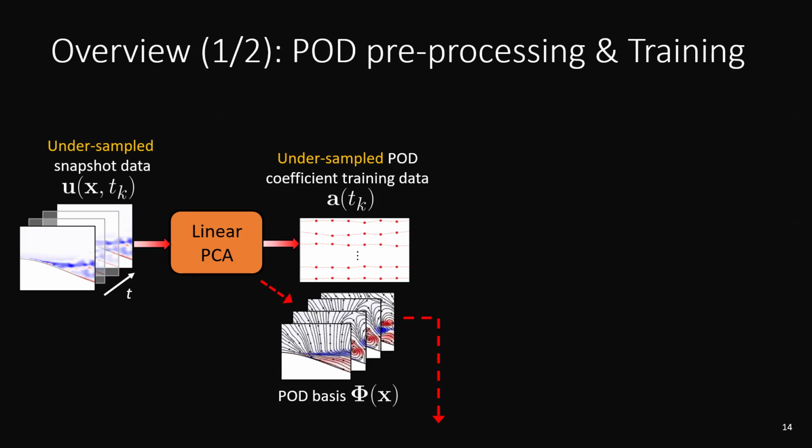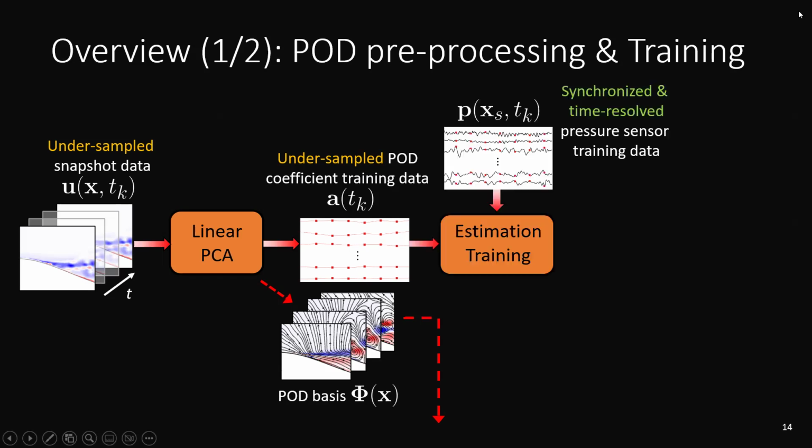The right singular vectors would be the POD basis functions, and the corresponding coefficients, which I denote as A over here, modulate these basis vectors in time to describe how the flow field evolves in time. In other words, the coefficients are functions of time, and they're undersampled. I try to show them over here through these dots. And now we want to upsample this effectively.